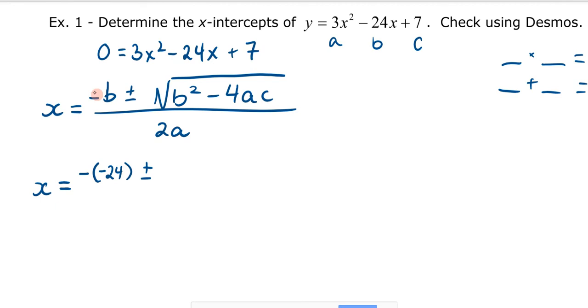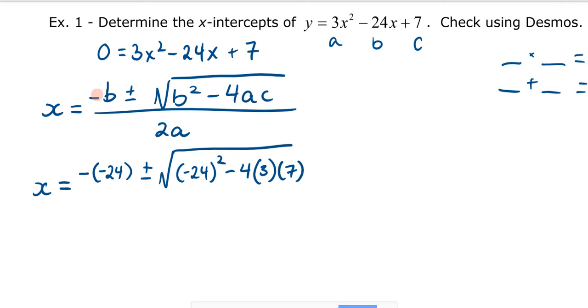Plus or minus the square root of b squared, so negative 24 in brackets squared, minus 4 times a, which is 3, times c, which is 7. Okay, and make sure you extend your square root sign to cover everything. It's proper form. And then all of that is divided by 2a. So 2 times a is 3, so 2 times 3.